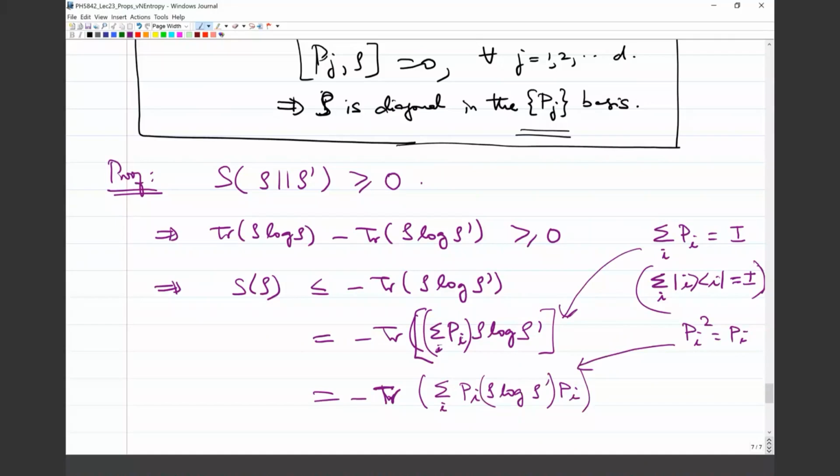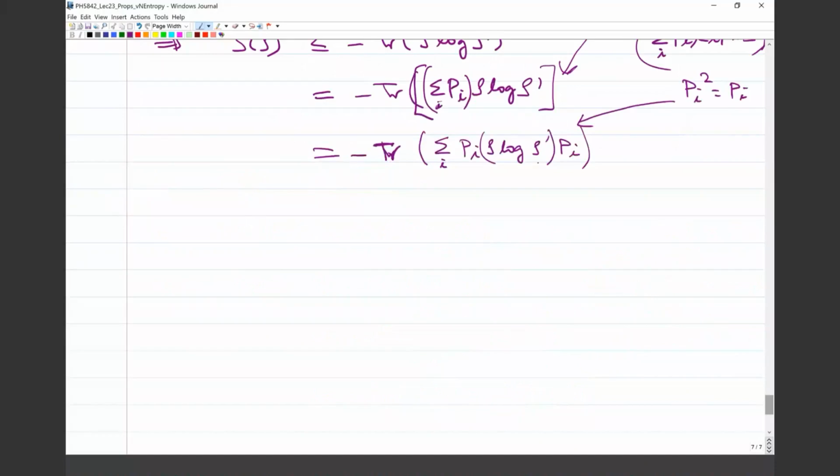I'm going to move one of the Pi's to the other side. And then I'm going to use the fact that log rho prime actually commutes with Pi. Let me note that fact. If you can't prove it yourself, I'll prove this on Monday's class. So log rho prime commutes with Pi for all Pi.